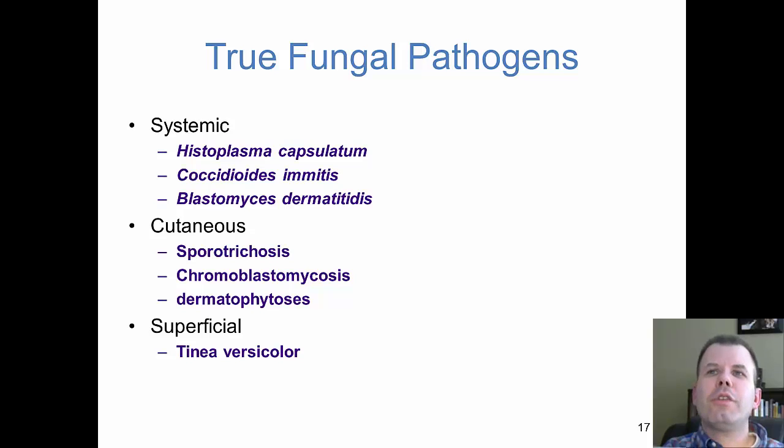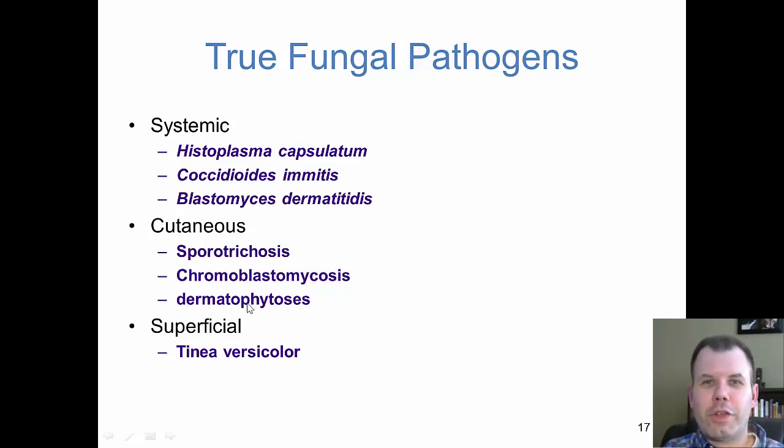All right, so here's a list of some of the fungal pathogens we're going to look at. The three main systemic ones, which you can breathe in and which can cause systemic disease, include Histoplasma, Coccidioides, and Blastomyces. Then the cutaneous include Sporothrix, Chromoblastomycosis, and Dermatophytosis.